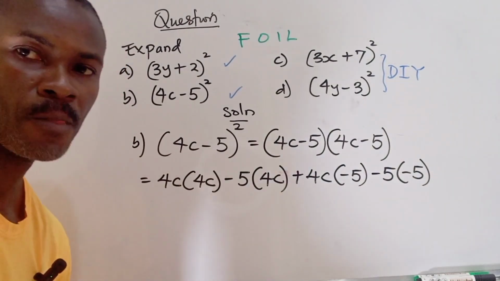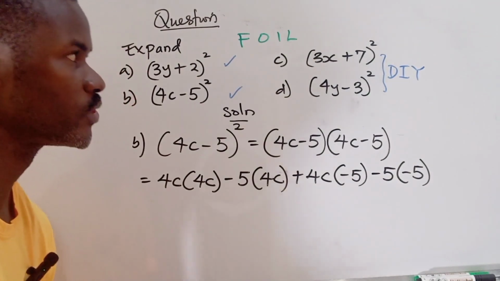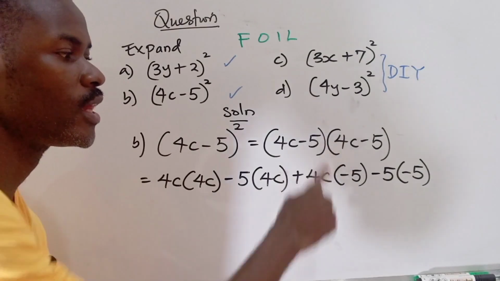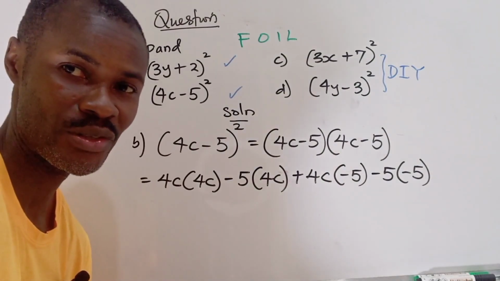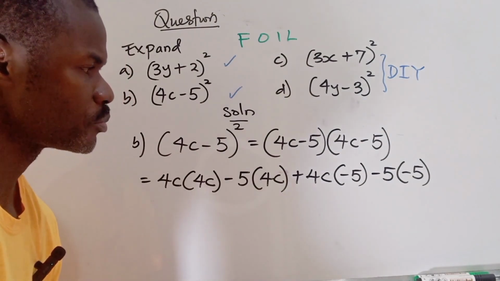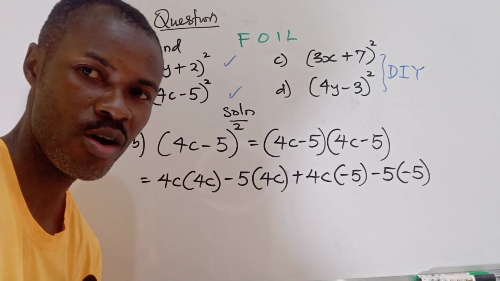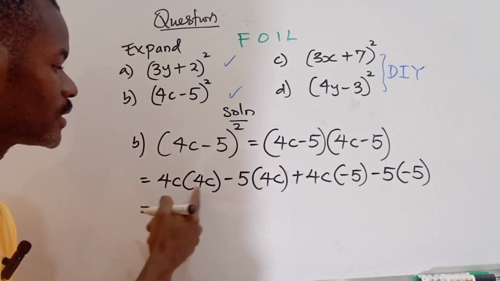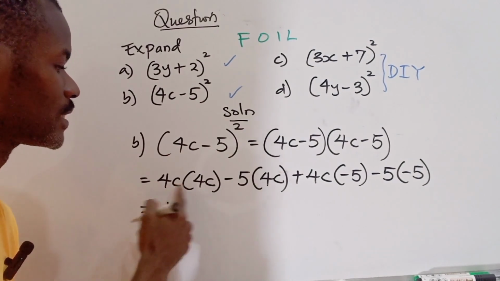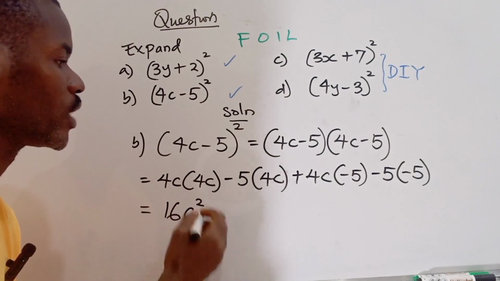You can look at the previous video to see how we use FOIL, but today we are using FOIL in such a way that we keep our work very neat. So 4 times 4 is 16, c times c is c squared.